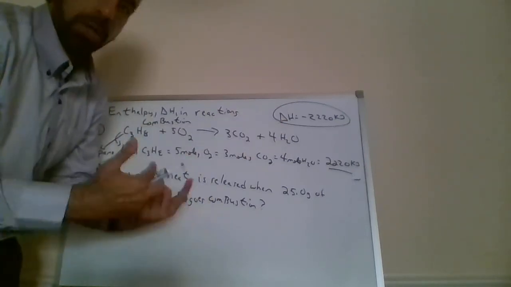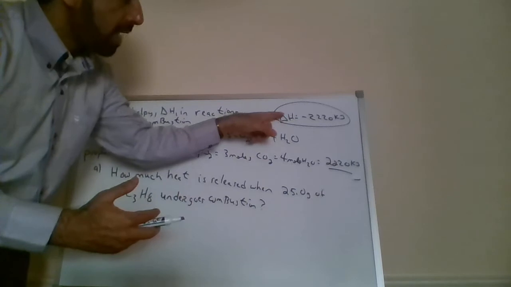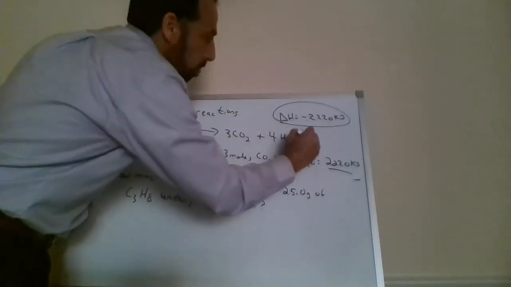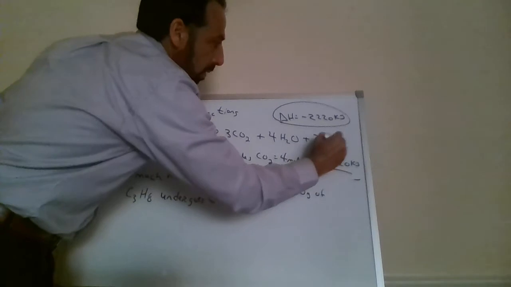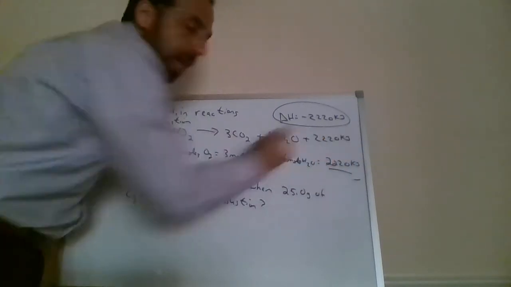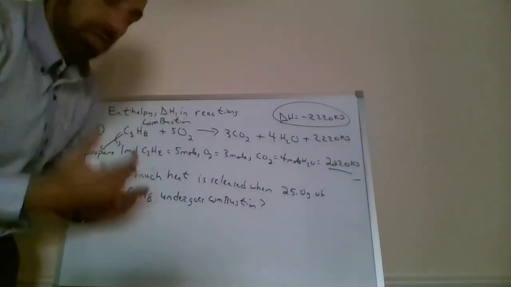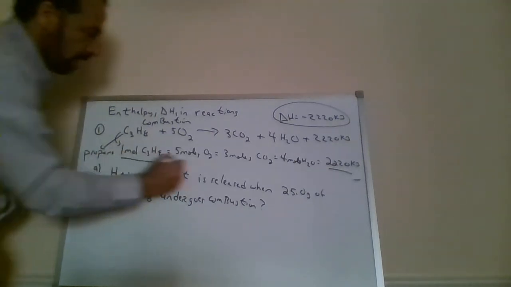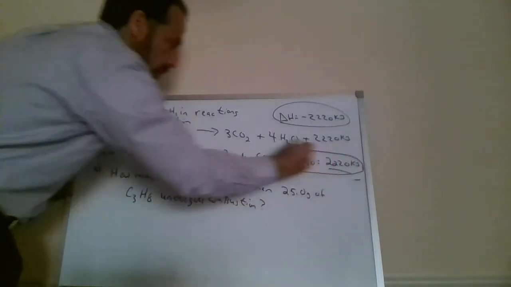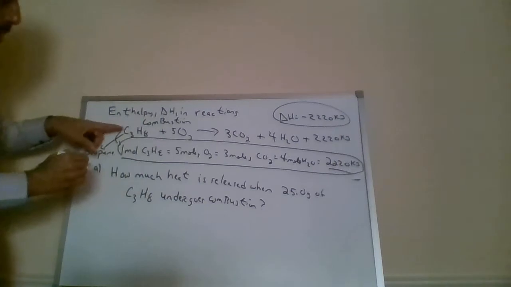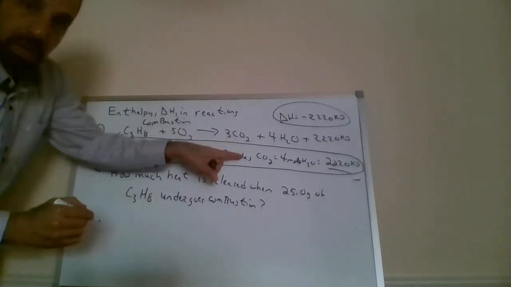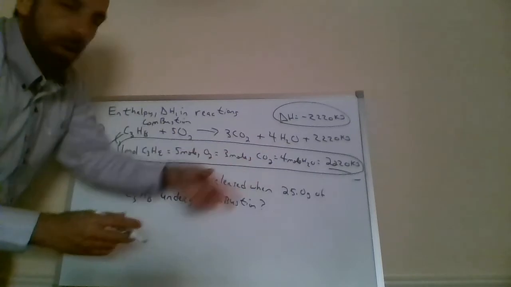And basically what I can do if it's endothermic, I'm going to write the delta H as a product. So I'm going to say plus 2,220 kilojoules of energy. And so I wrote the stoichiometry. So again, let's just kind of circle this. 1 mole is equal to 5 moles of O2, 3 moles of CO2, 4 moles of water, just like we're always doing.